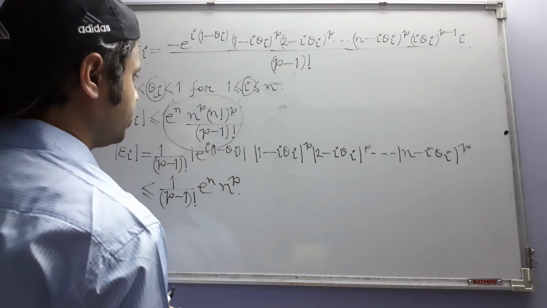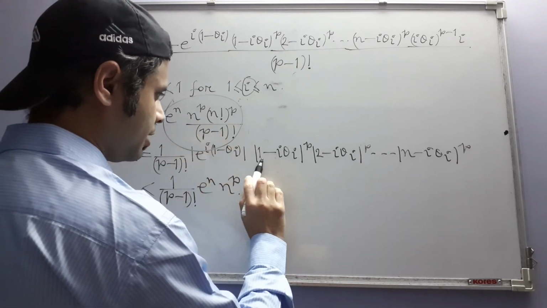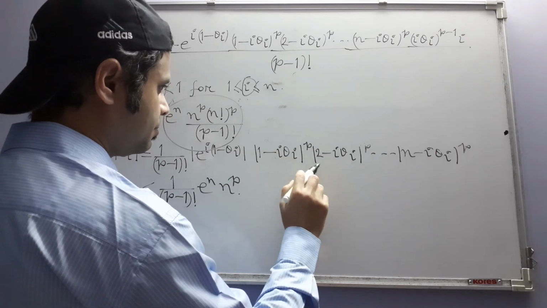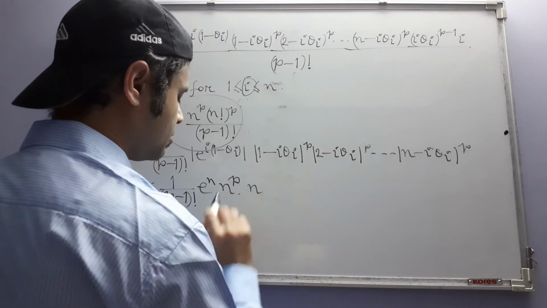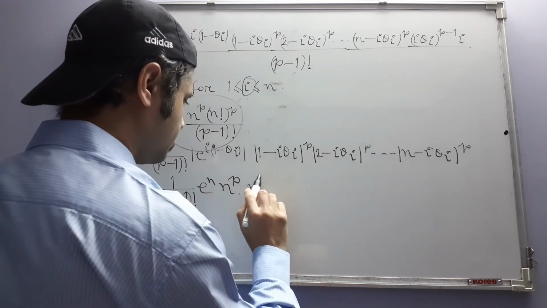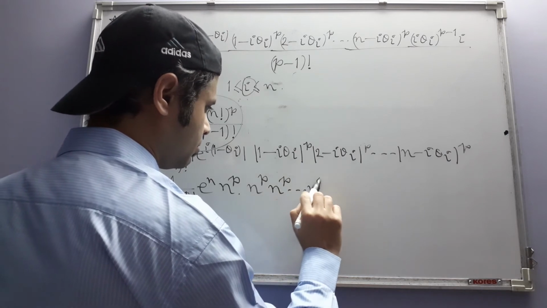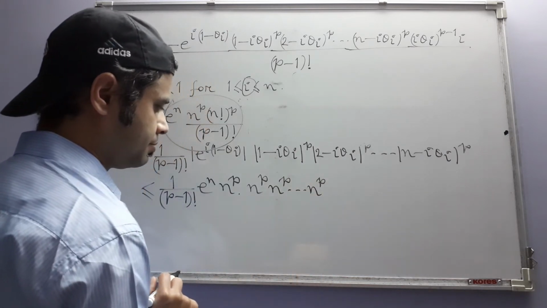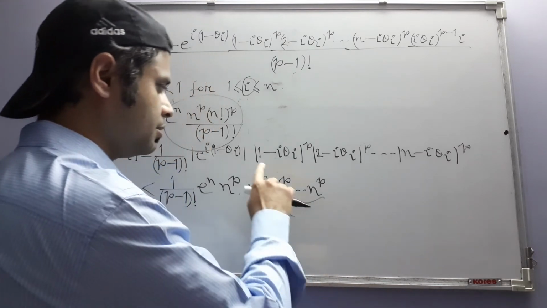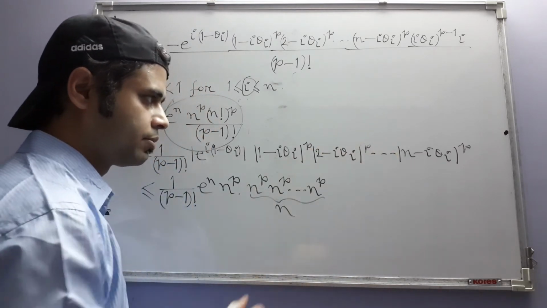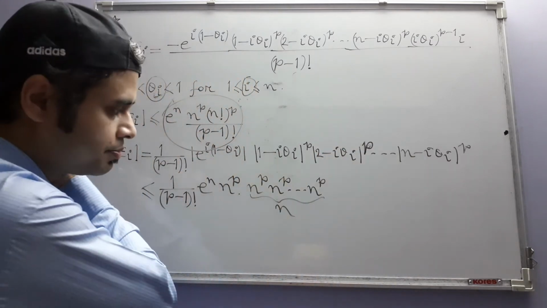So now, instead of having n factorial, we will have n to the power p, n to the power p, n to the power p, etc. How many? n number of n to the power p's, counting 1, 2, 3, up to n.